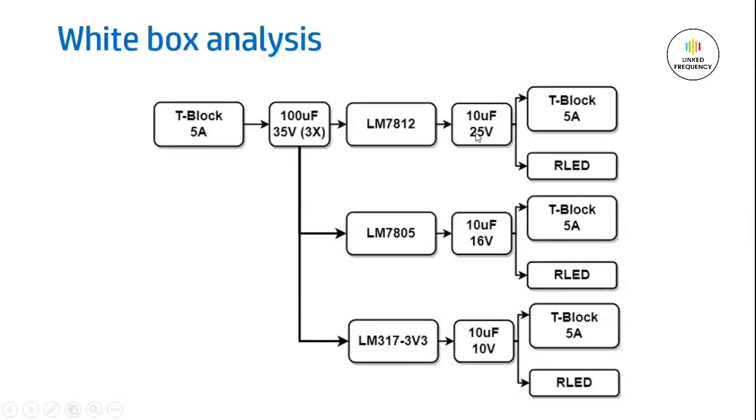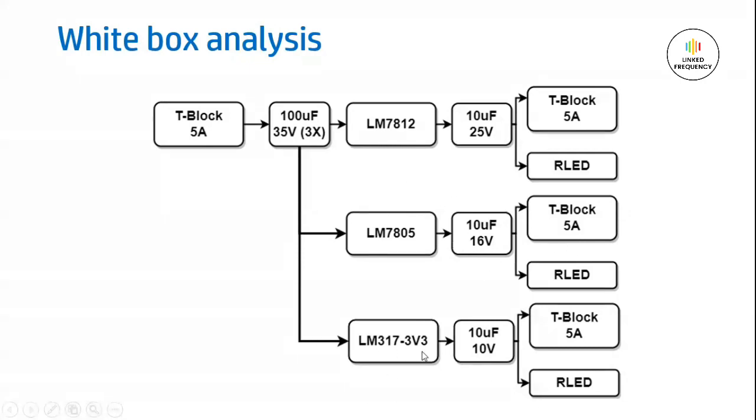And then the output capacitor's voltage will be different because of the output voltage from the linear voltage regulator. For LM7812, double of 12 volt output is 24 volt, which is not available in the market. That's why we are going with a 25 volt output capacitor. And then 7805 will be having a 10 volt capacitor at the output side, but better to go with a little bit of extra margin, that is 16 volt.